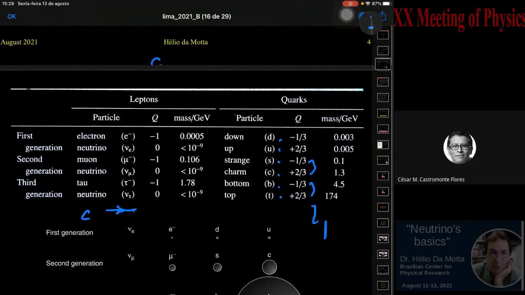If this quark C sends a W, it gets rid of 1 unit of charge. So the quark C here has, say, 2/3. But if it loses 1 unit, 2/3 minus 1, the charge here will be minus 1/3.